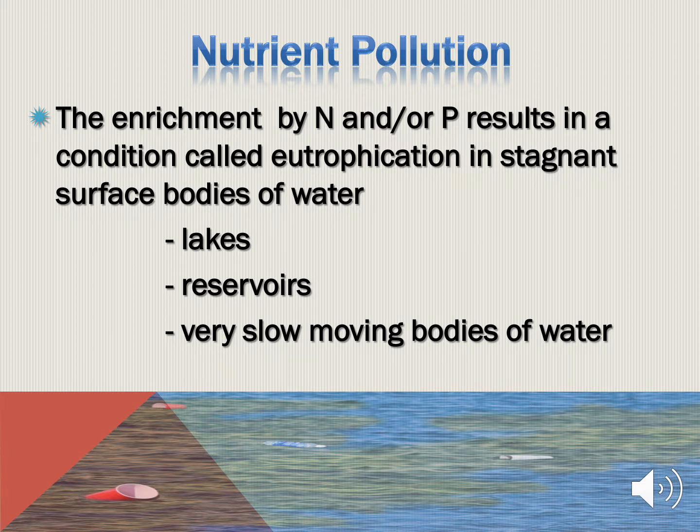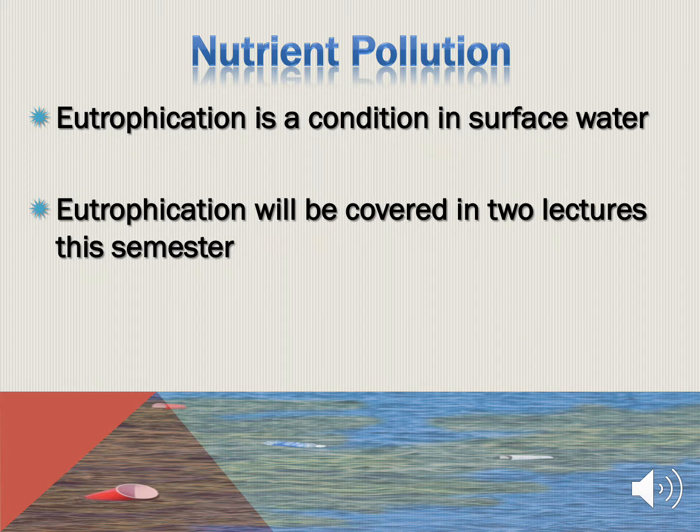So occasionally we will see eutrophication in lakes, in reservoirs, and in some very slow moving bodies of water, streams that move very slow. Eutrophication is a condition of surface water, and we will spend 2 lectures looking at this process during this course. So it's a surface water quality issue.